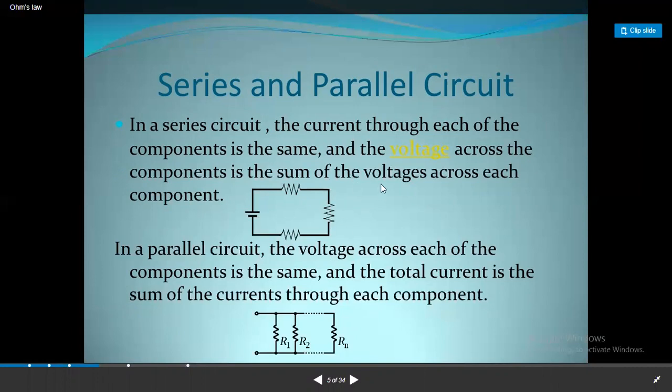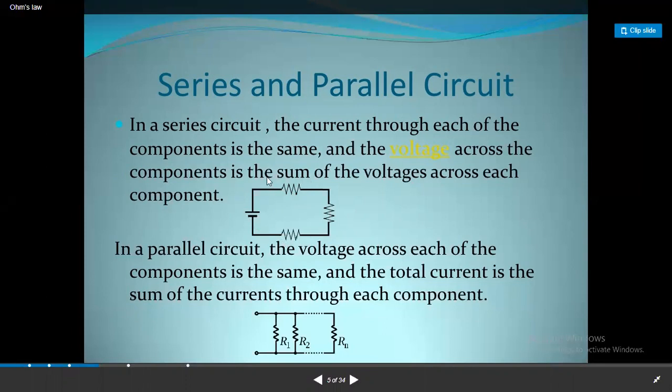But there's a property for the voltage: the voltage across the components is the sum of the voltages across each component. That means if you provide 10 volts over here, this 10 volts is shared among these resistors. Not equally, it depends on the amount of resistance. Suppose 9 volts is given over here, this may be 3, this may be 5, and this may be 1.